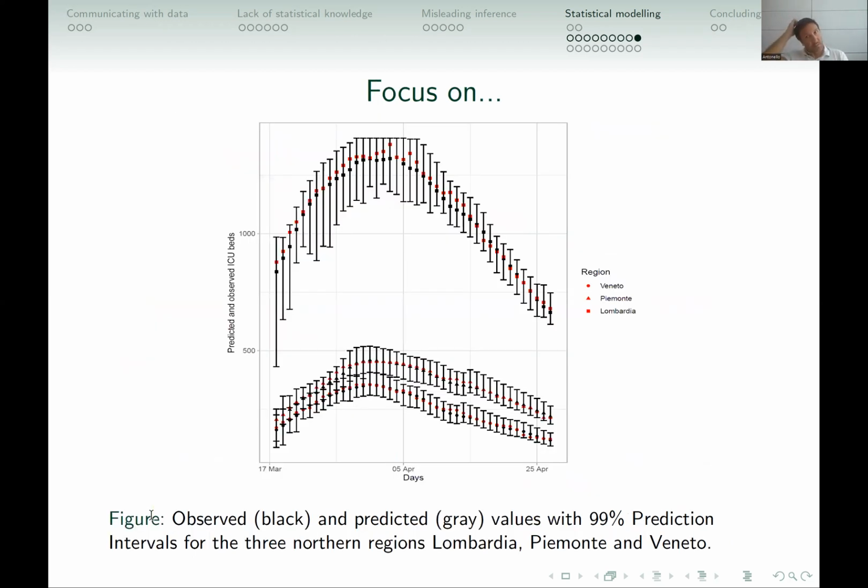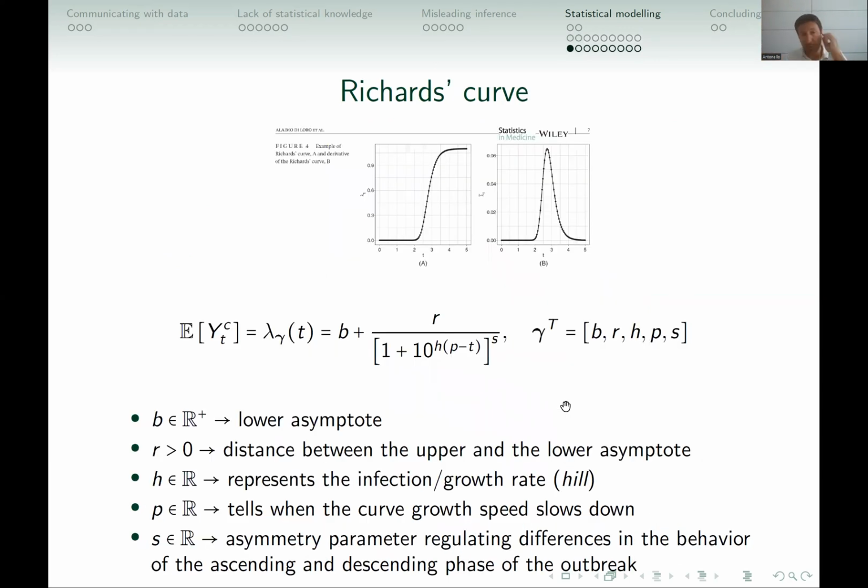This is just an example of 3 regions, and we can take the upper bound of these intervals as an alarming tool, an alarming system. If the upper bound of this interval is greater than the number of available beds, then we might have a problem.